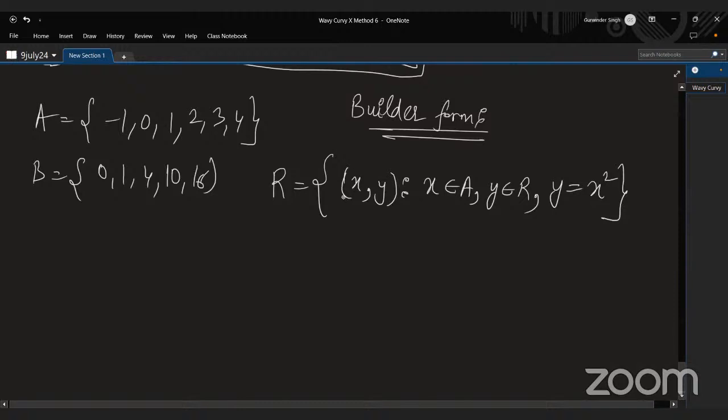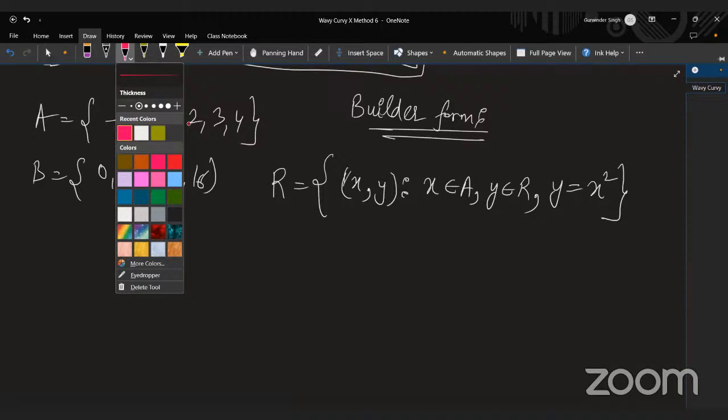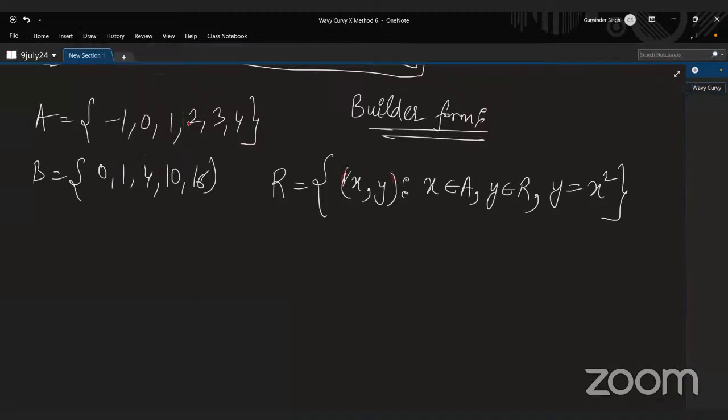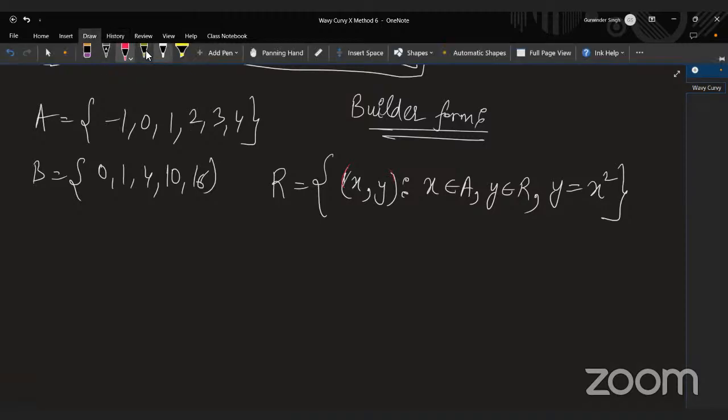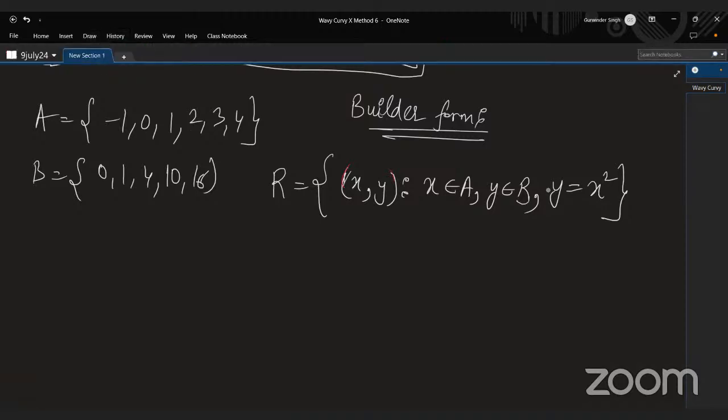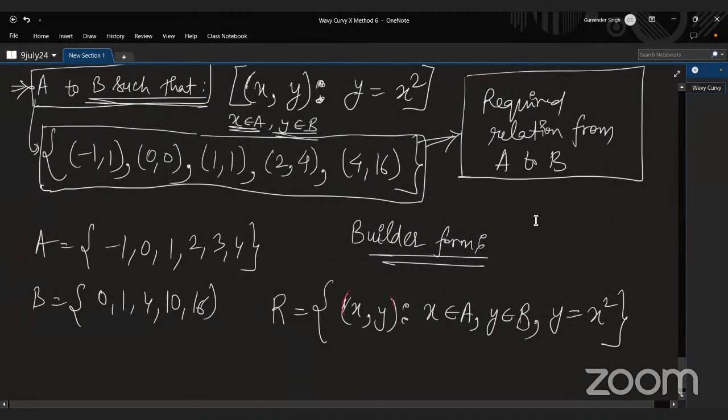Basically, this is telling me to only insert those ordered pairs into this relation if x is belonging to A. Sorry, it should be B over here. y is belonging to B, and y is equal to x square. Only if these conditions are true can any given ordered pair be inserted into the relation. Otherwise, it will not come into the relation.